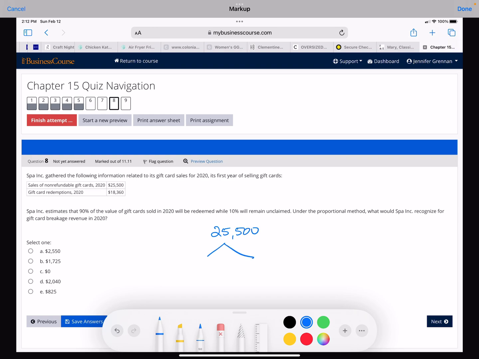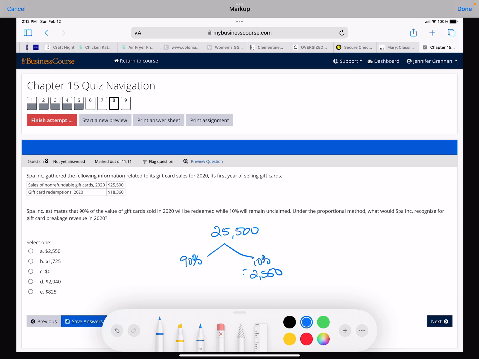I think that 90% of those will be redeemed. I think that 10% will never be redeemed. And 10% of that number is 2,550. So the question we're trying to figure out is, can we record that whole 2,550, right, into our revenue right now?